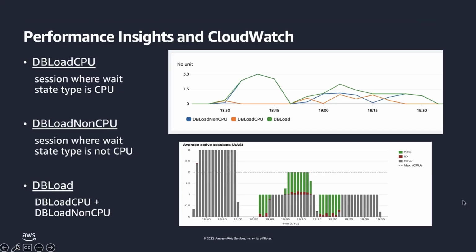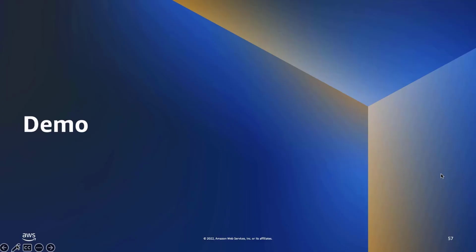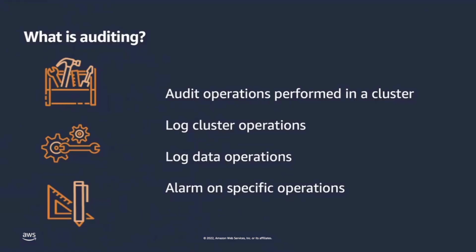And now let's go back to audit logs, and auditing the different operations that occur in your cluster. Now, these operations can be what we call cluster operations, such as managing the users and the roles that have access to the database in the cluster.